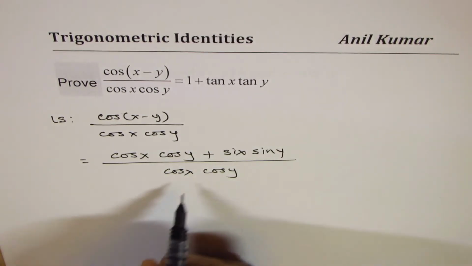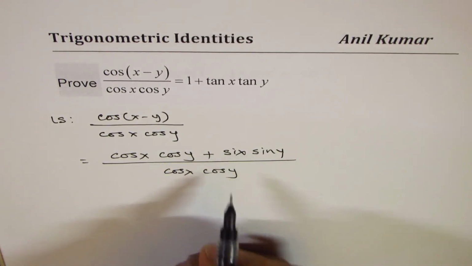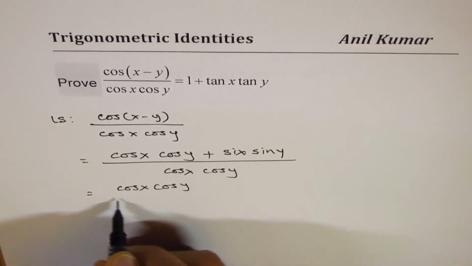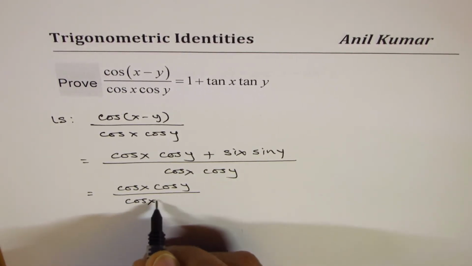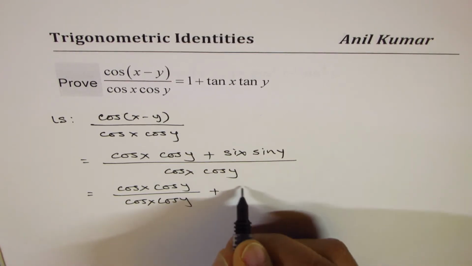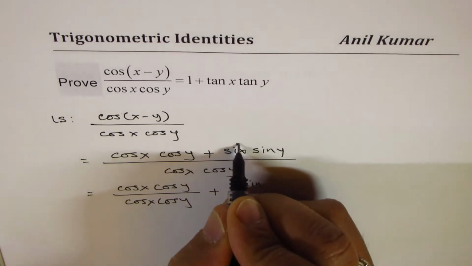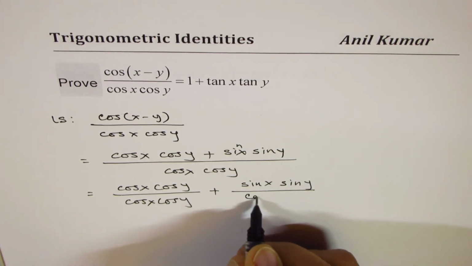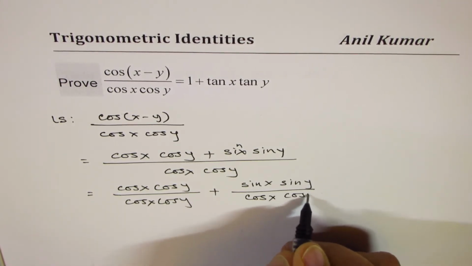Correct? Now, this is a common denominator to both. So we could write this as cos x cos y divided by cos x cos y plus sin x sin y divided by cos x cos y.